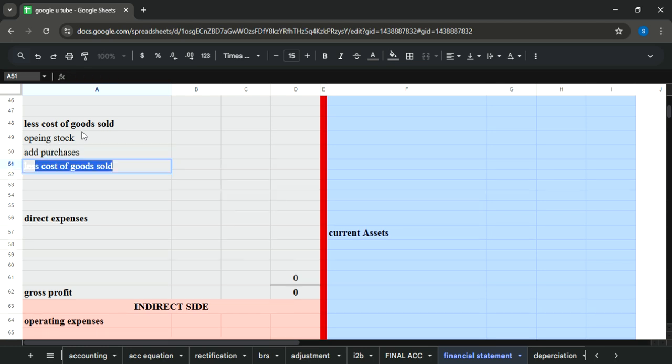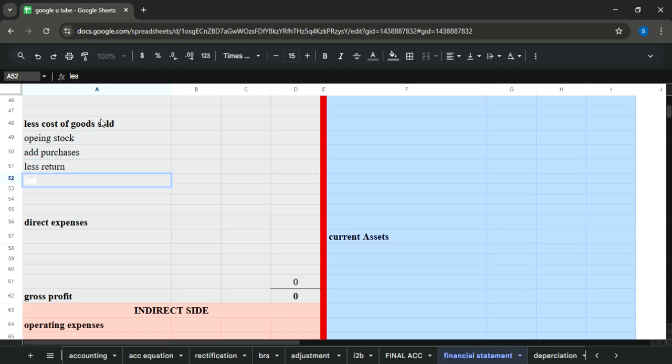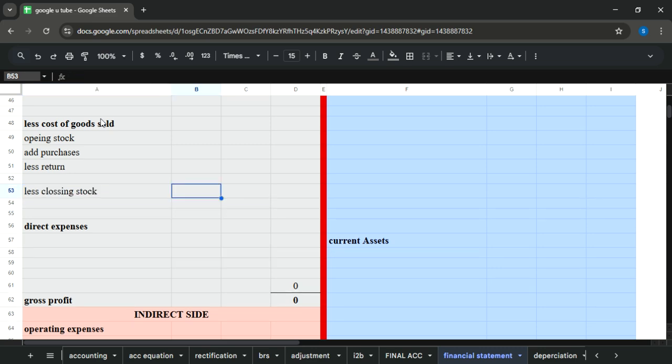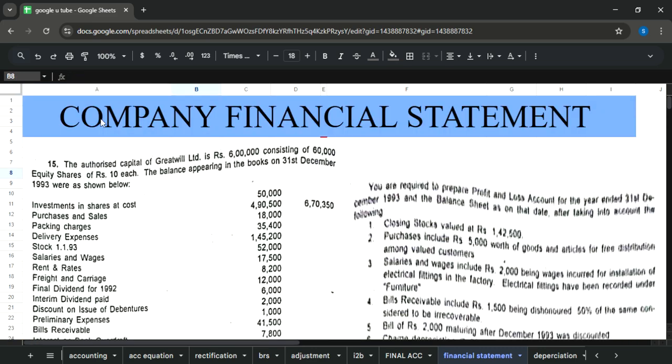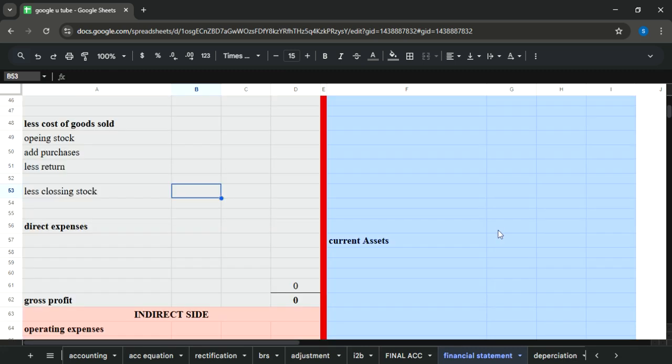After that we will subtract returns, then we will subtract closing stock as well. The closing stock amount is mentioned as 142,500. So let's write 142,500 on the direct side.